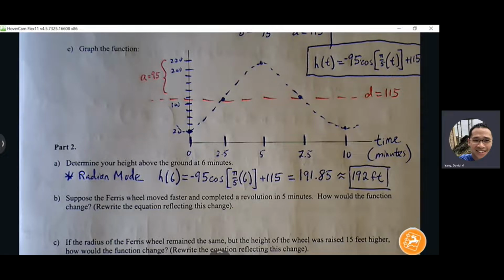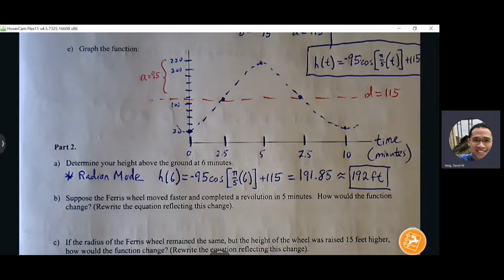Yes, it should be radian mode. It doesn't specify how to round, so I just rounded it to the nearest foot.